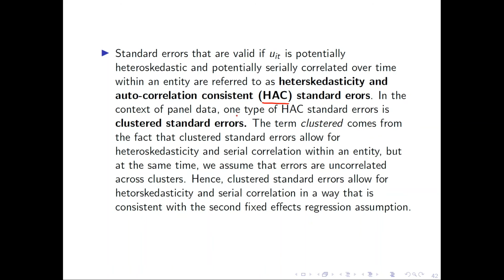One type of this is called clustered standard errors, because clustered standard errors allow for heteroscedasticity and serial correlation within an entity. But it's important that across entities we do not have this serial correlation.